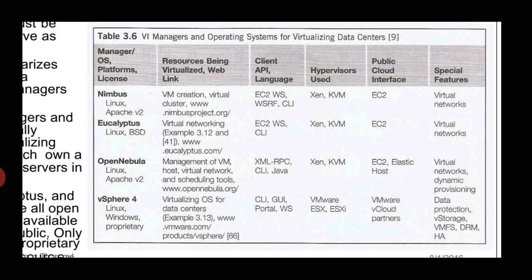These virtual infrastructure managers are used to create virtual machines and aggregate them into virtual clusters as elastic resources. Nimbus and Eucalyptus essentially support virtual networks.